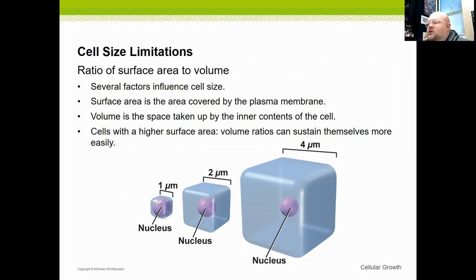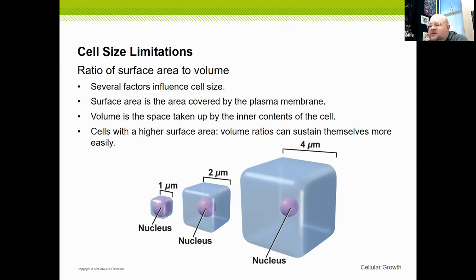Now, when you look at these pictures, you can see the nucleus is very close to the outside of the plasma membrane here. The second one, the nucleus is still fairly close. The third one, the nucleus is pretty distant from the plasma membrane. Now, think about what you already know about cells and how things travel inside and out of cells.